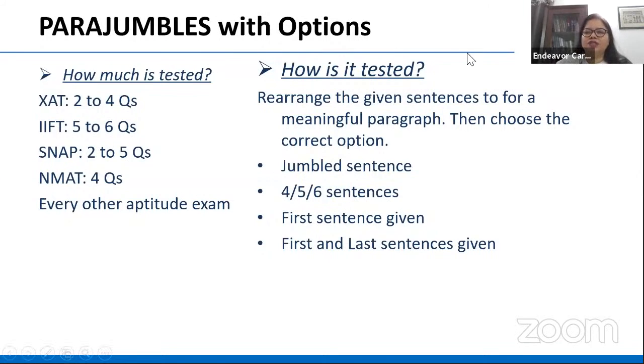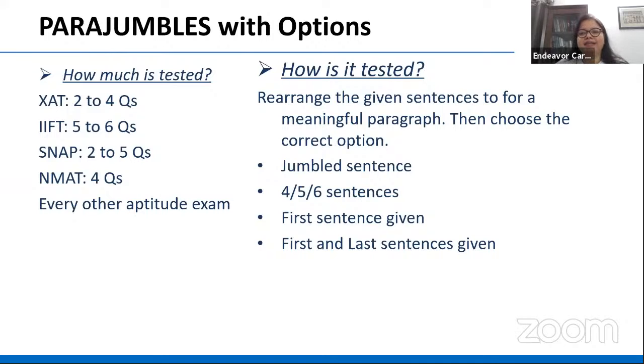You are asked to rearrange the given sentences to form a meaningful paragraph, and then you choose the correct option, right? So this is parajumbles with options. And you will find that parajumbles with options can appear as a single sentence that is broken into fragments and presented in a jumbled fashion.